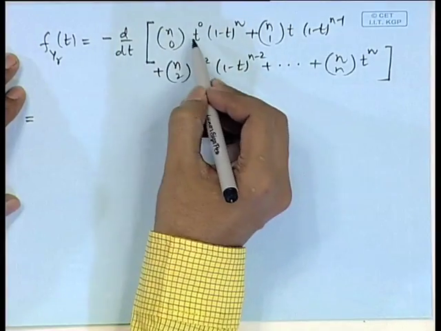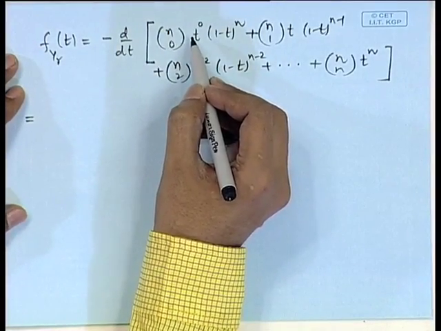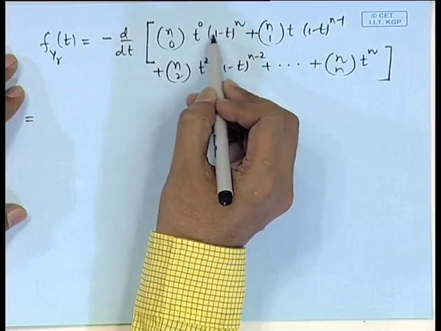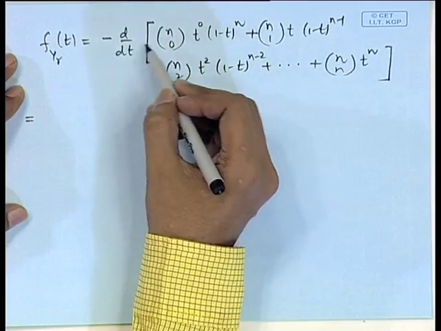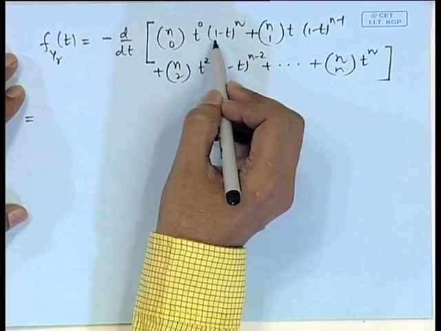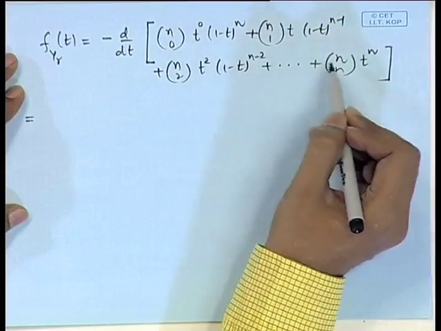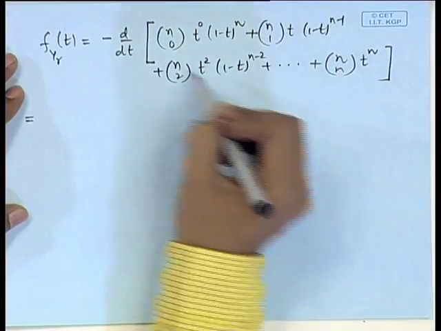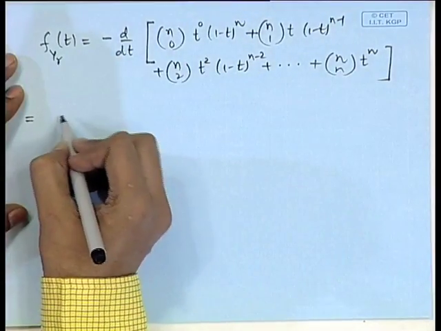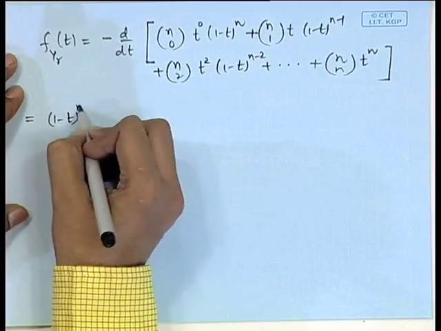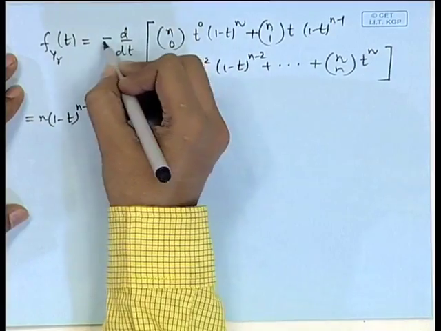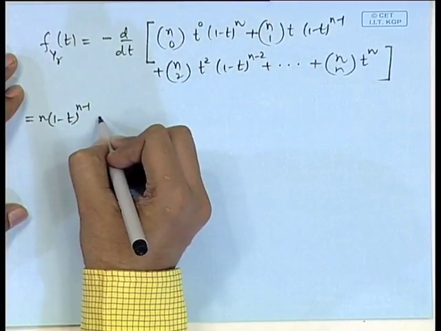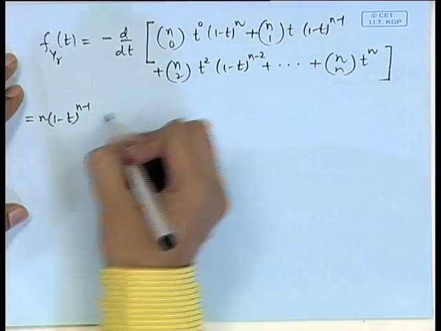So, if we consider the derivative, term by term differentiation will be there. Each of the terms is a product of two terms except the first and the last. So, in the first one we will get 1 minus t to the power n minus 1, there is a minus sign here, plus n c 1.